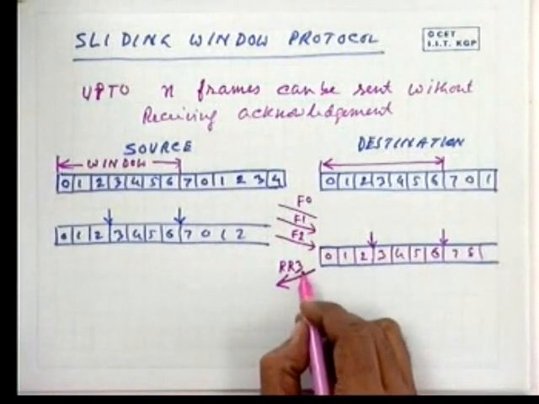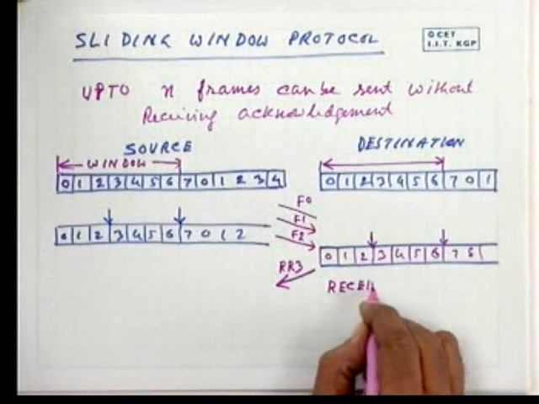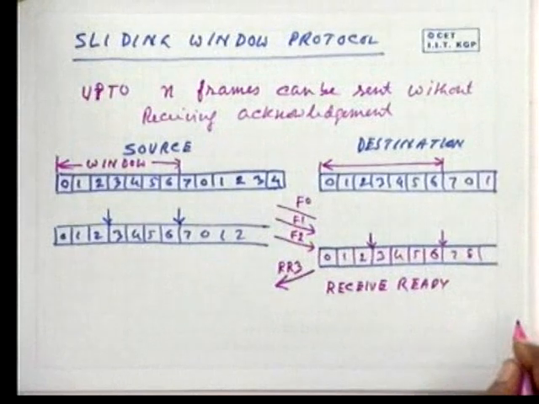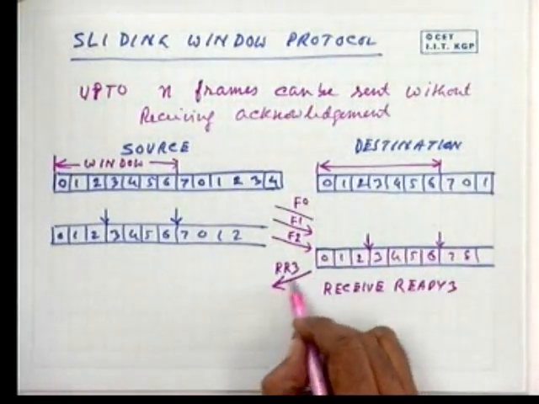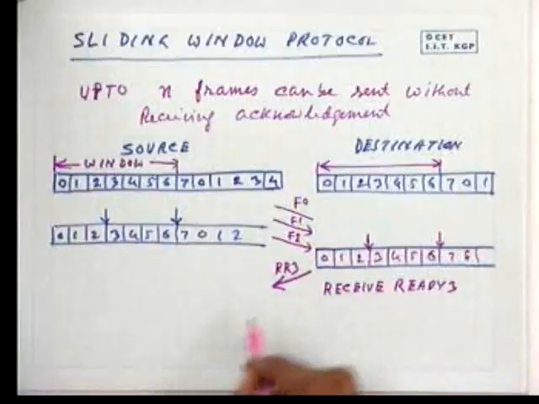This RR3 stands for receive ready frame number 3, which indicates that the receiver has received up to frame number 2, so it acknowledges up to frame number 2, and then it also indicates that it is now ready to receive frame number 3. So that's why it is RR3.